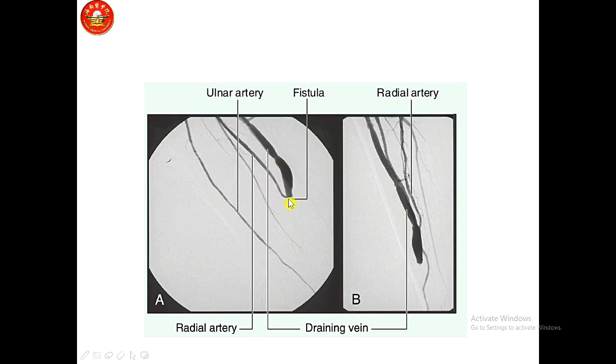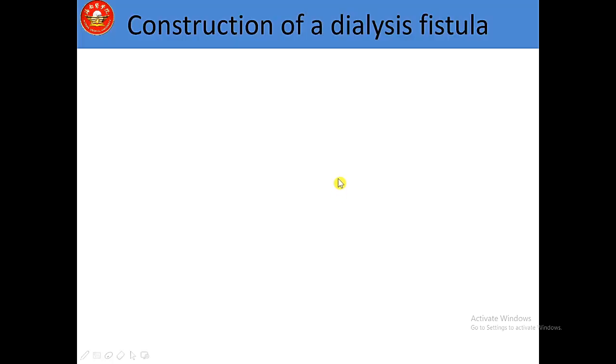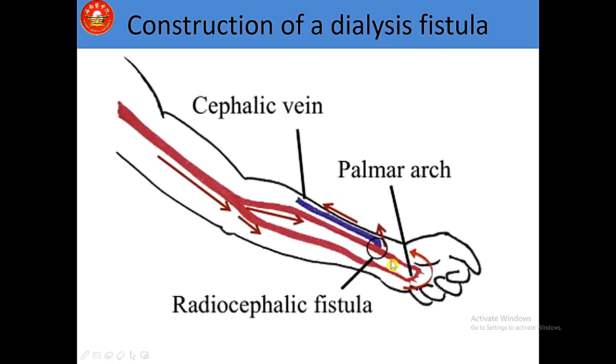To get the blood, we need to perform the fistula between the artery and the vein. Here we can see one example of the fistula. Next, we have another example representing how we perform the dialysis fistula.